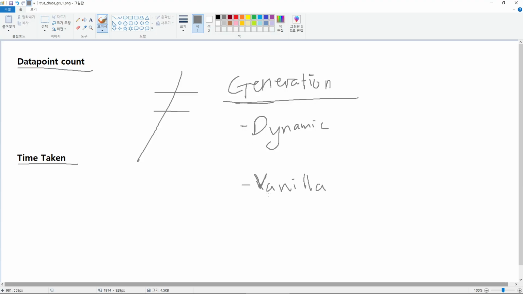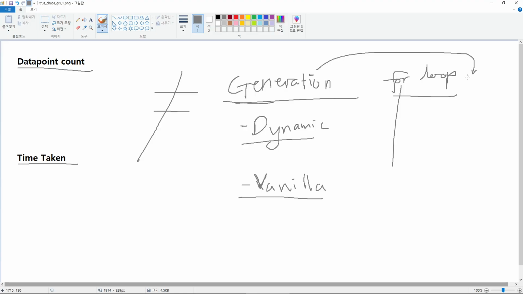But anyway, with these two things, because everything was centralized, every entity was included in a for loop that goes on for the given number of generations.